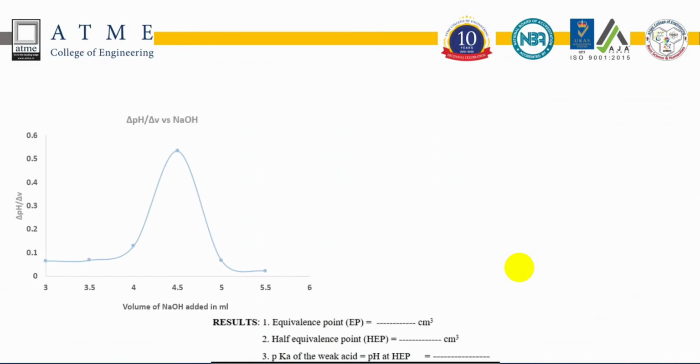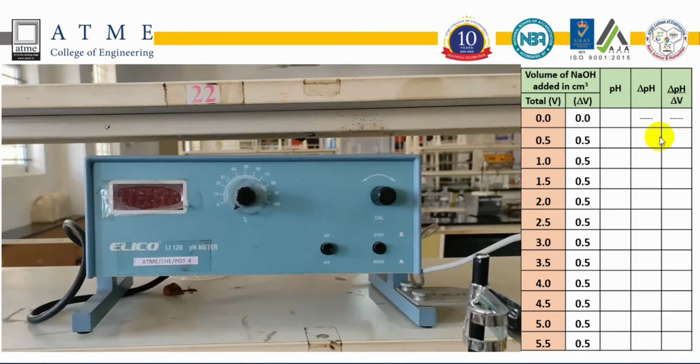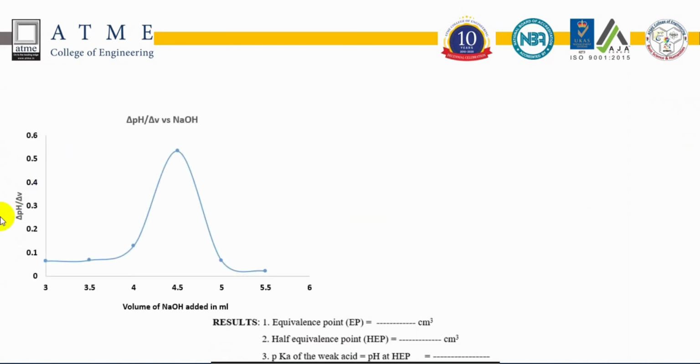Now, this is a graph. You can see here the graph is plotted for delta pH by delta V. We call it the first derivative curve: delta pH by delta V versus volume. Right? When you plot a graph of delta pH by delta V versus volume, you find the equivalence point. There is a jump here.